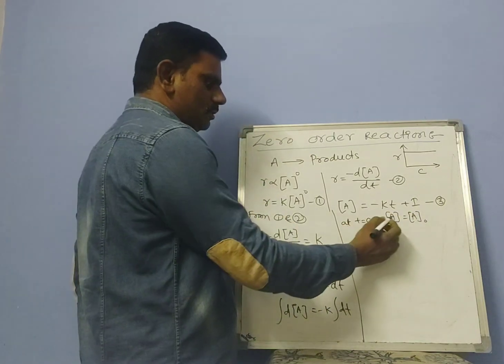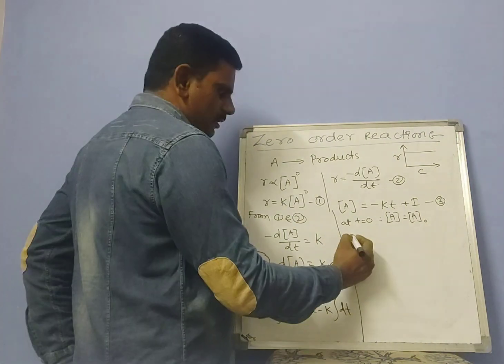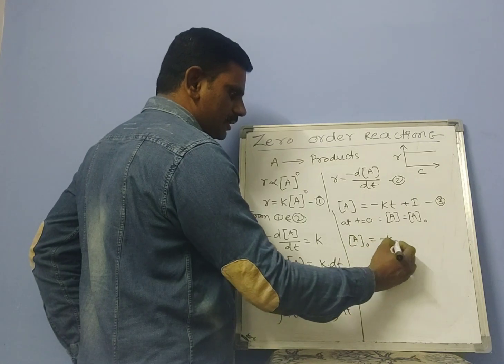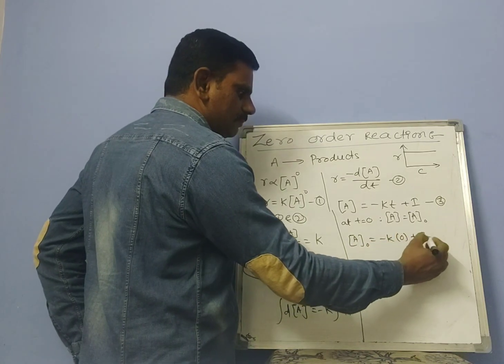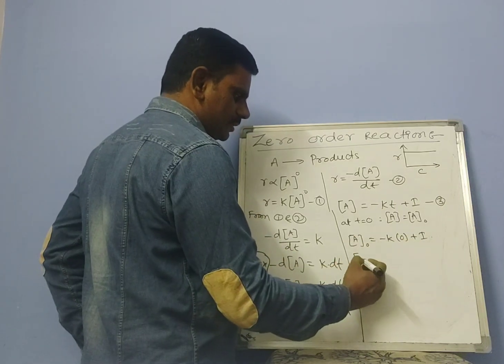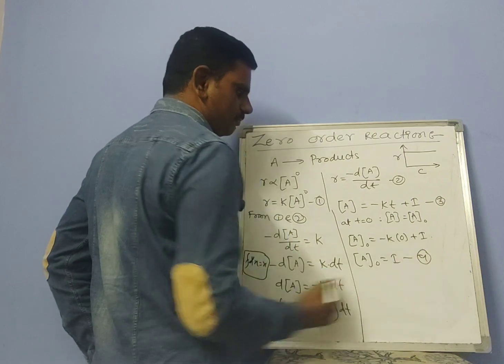At t equals 0, A becomes A0. So at time 0, the concentration of reactant is A0 is equal to minus K into t, where t value is 0, plus I. Here, with t equal to 0, we get I is equal to this value. A0 is equal to the integration constant, say 4.